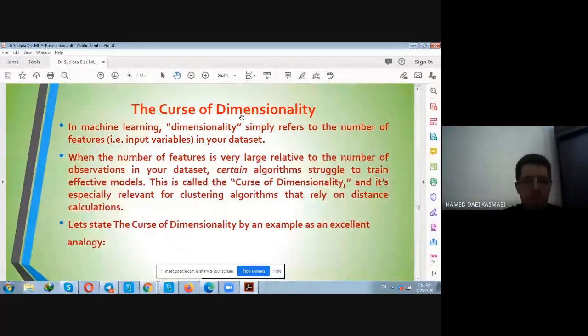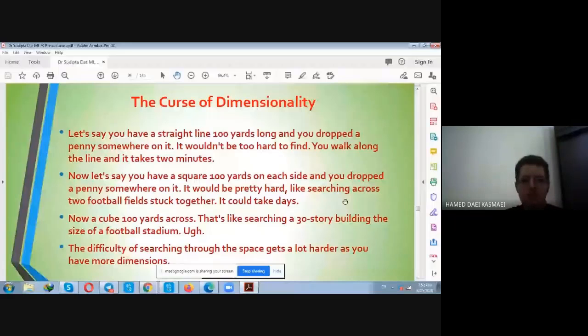Okay, so let's state the curse of dimensionality with an example, an excellent analogy. Let's say you have a straight line of 100 yards, and you drop a penny somewhere on it, and it takes 2 minutes to find. Now say you have a square, 100 yards on each side, and you drop a penny somewhere on it.